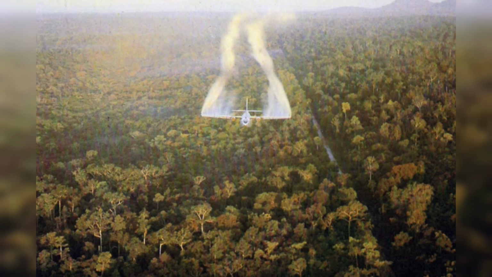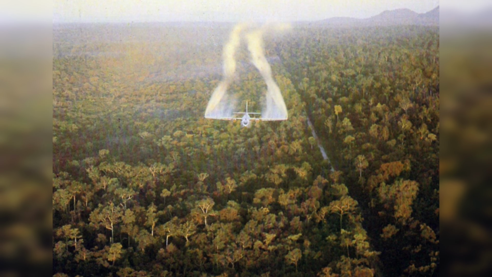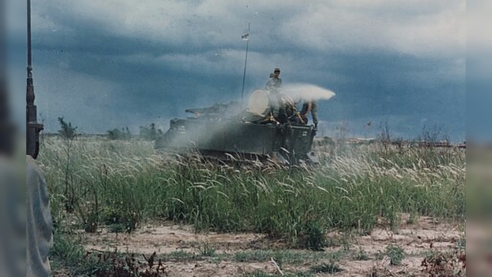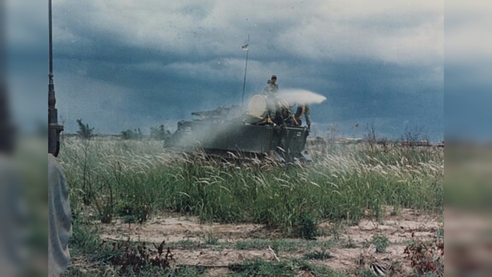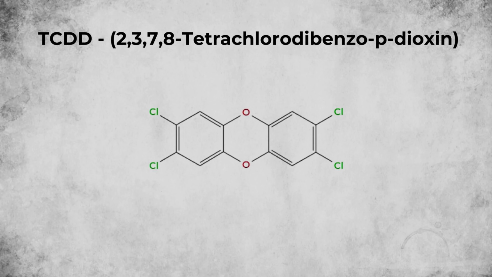Agent Orange serves as a stark reminder of the long-term dangers of chemical warfare and environmental pollutants. The lasting contamination from TCDD shows how toxic chemicals can persist in the environment and harm future generations.